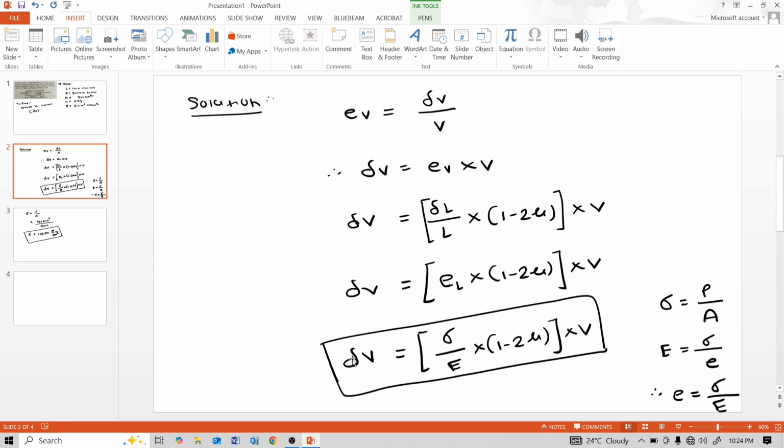And the change in volume formula is stress upon modulus of elasticity or Young's modulus into 1 minus 2 into Poisson's ratio into total volume.